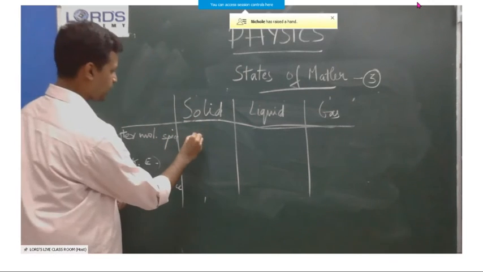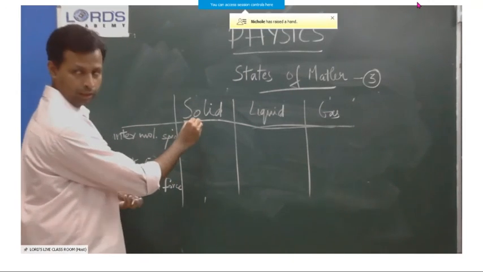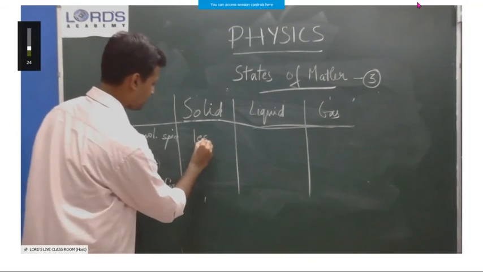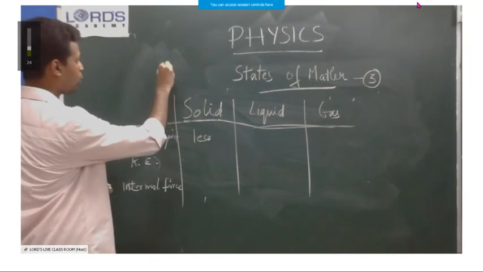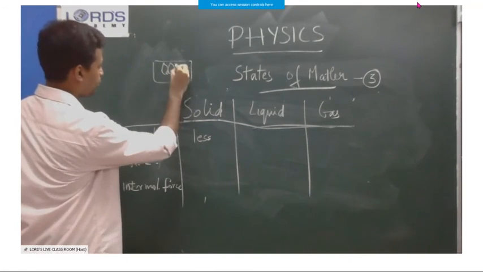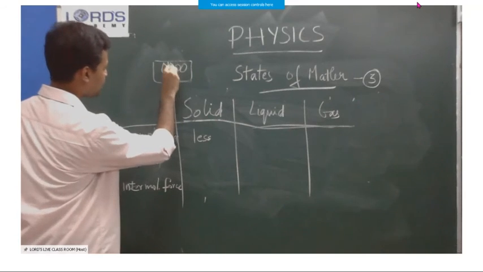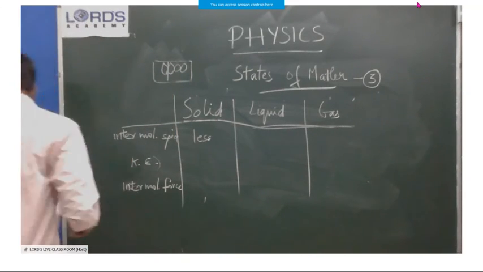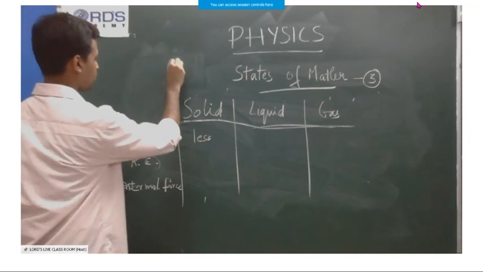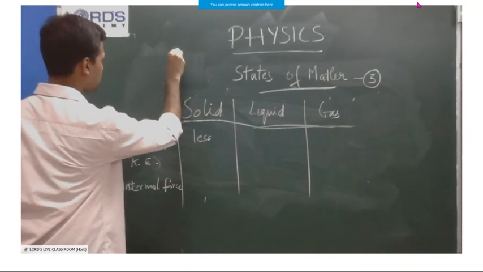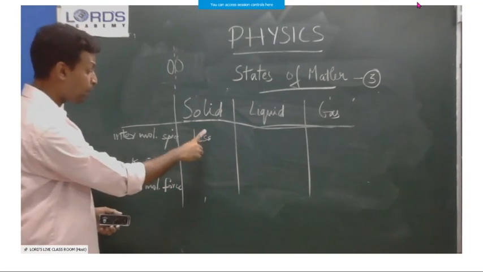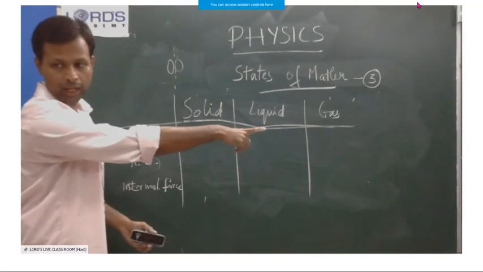Now we will see what? In solids, intermolecular space is very, very less. If you consider this as a solid molecule, the spacing between them is very, very less compared to liquid and gas.